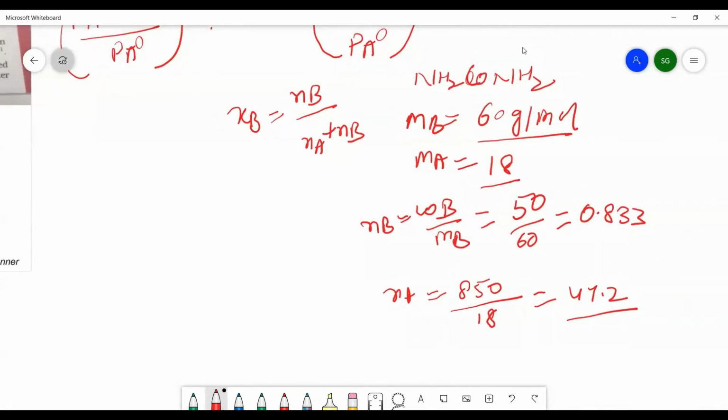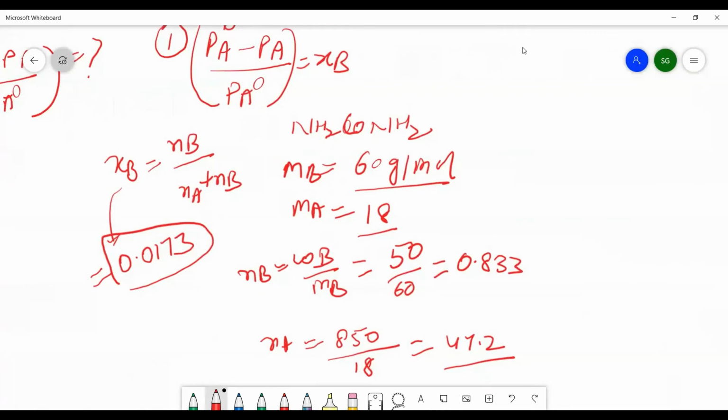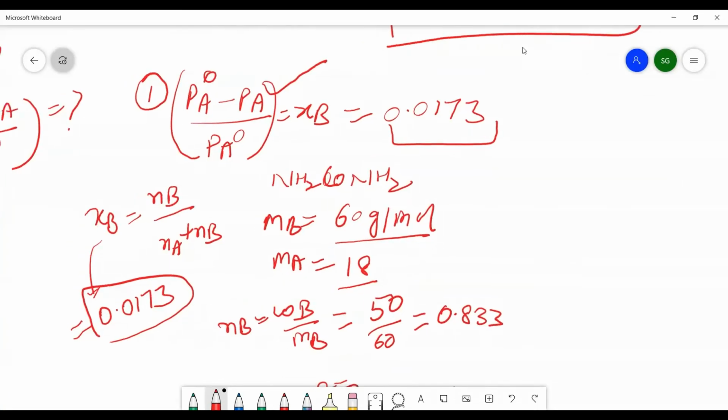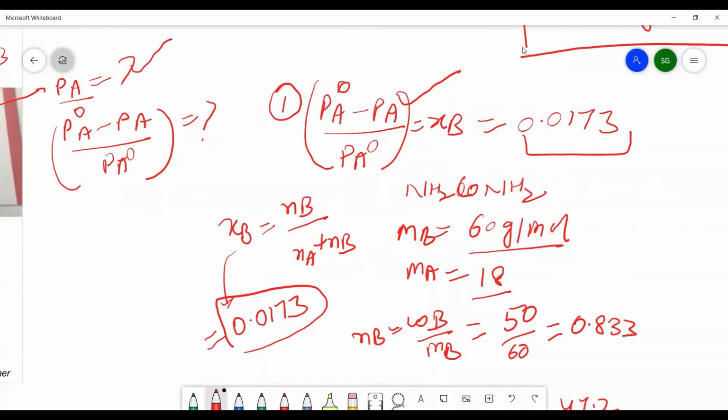And when you apply these values in XB, the XB comes out to be 0.0173. That means you have found the relative lowering of vapor pressure here. Then you can calculate the value of PA. Now you want to calculate the value of PA. So how will you calculate PA?